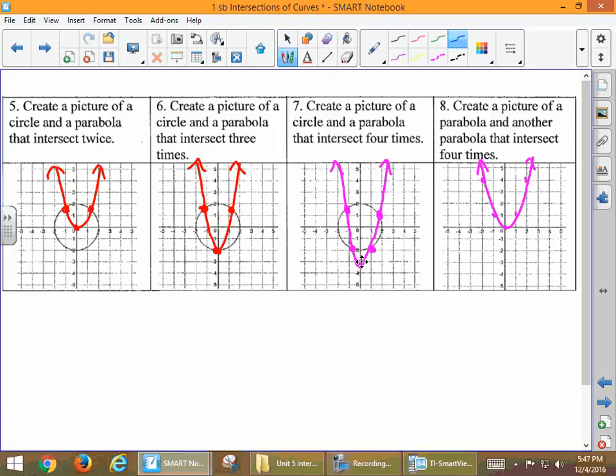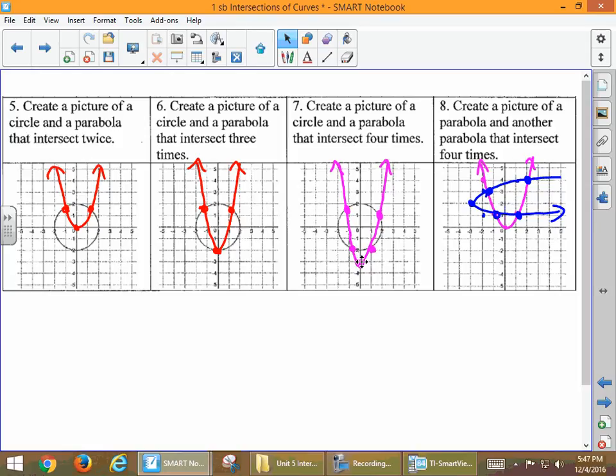So if we have another parabola with the vertex, say at (-3, 2), then we can get a parabola here that intersects 1, 2, 3, 4 times. So that's what we're going to be solving algebraically. We're going to be finding where these curves intersect.